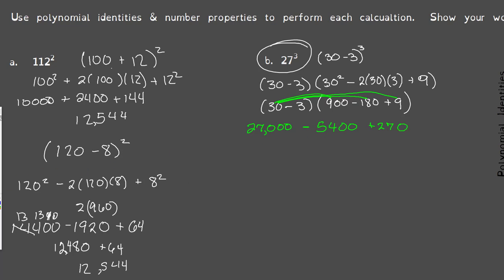So now I'm going to take and do my negative 3. What's 3 times 9? 27, right? What's 3 times 180? Well, you already found out 3 times 18 is 54, and a 0. What's 3 times 900?